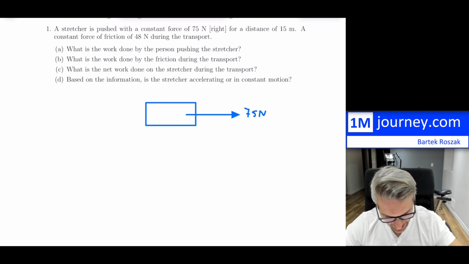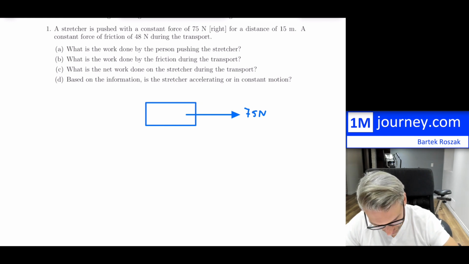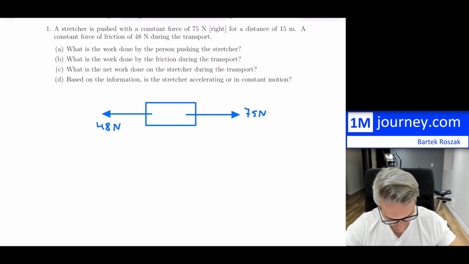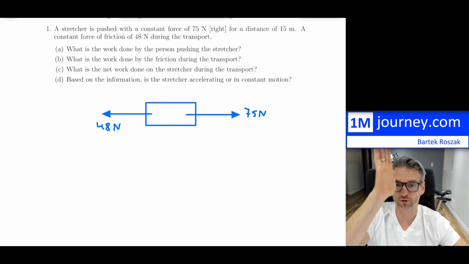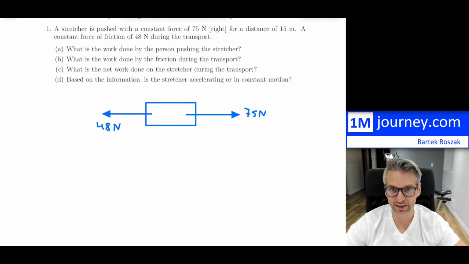Now we also have a force of friction, which is going to be in the opposite direction. This always opposes the motion, and this one is 48 newtons. All right, so those are the two. Now we have our usual force of gravity and force of normal, although those will not be needed here because those cancel off.